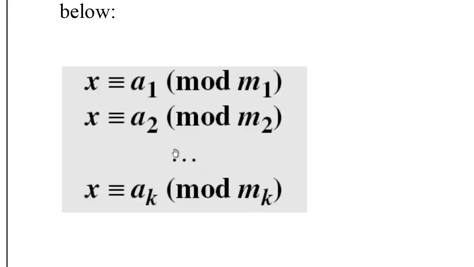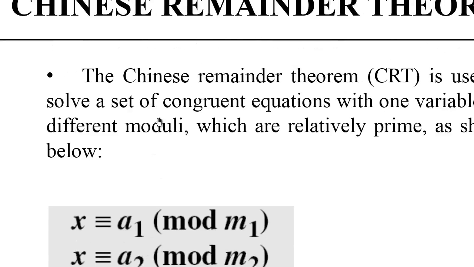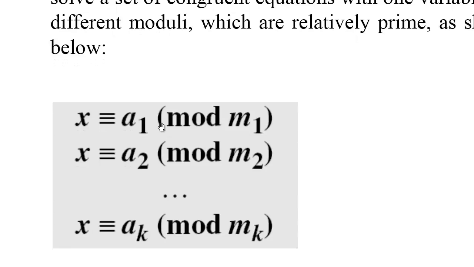According to the statement of this theorem, we have a set of congruence equations with different moduli: the modulus of the first equation is M1, the second is M2, and so on up to k equations. The GCD of M1, M2, M3, up to Mk must be 1, then we say they are relatively prime.